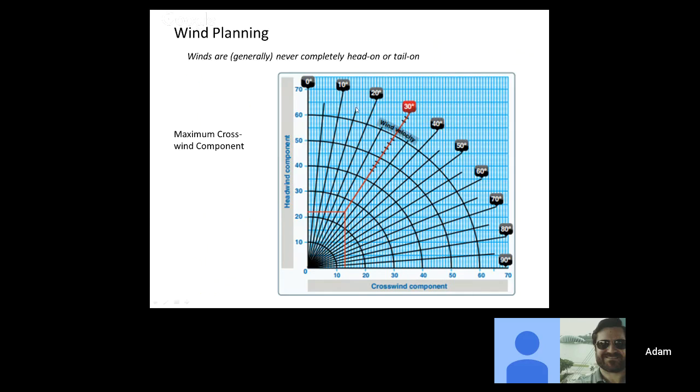And so if you've got a wind that isn't directly head on, which would be 0 degrees, and say it's 20 degrees to the right, meaning it's coming out of direction 020, then you just have to use this line here to intersect your wind velocity arc. Wind velocity, wind velocity, wind velocity. And then from there, travel straight down to the horizontal axis. Yep, that's what I thought. Okay, cool. Yep, you got it.